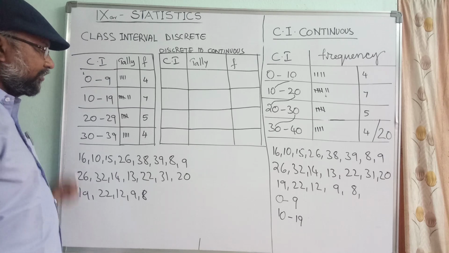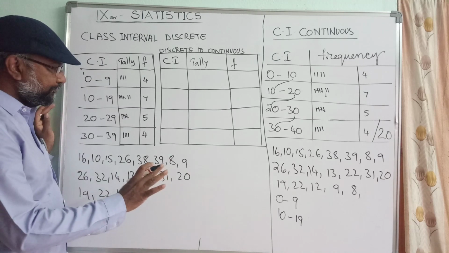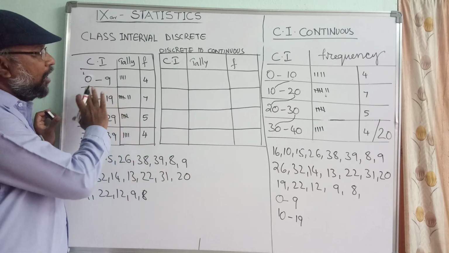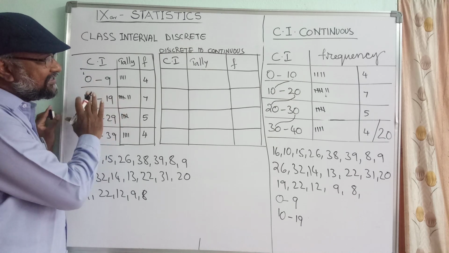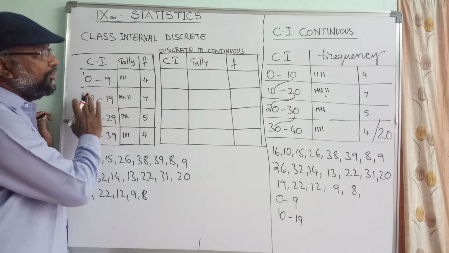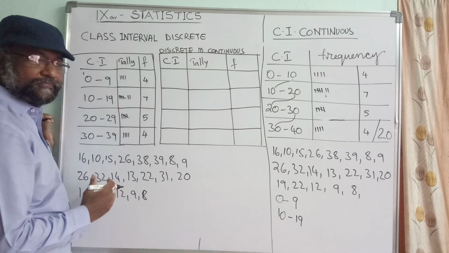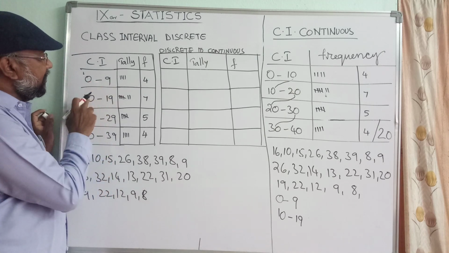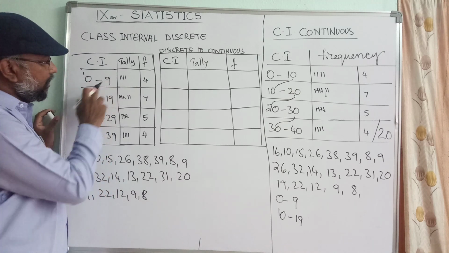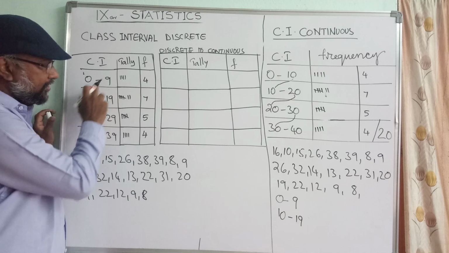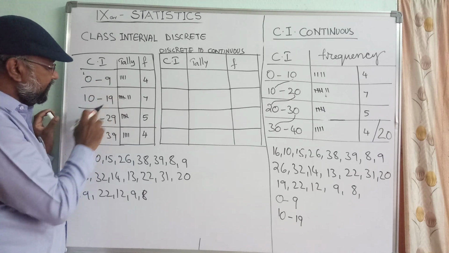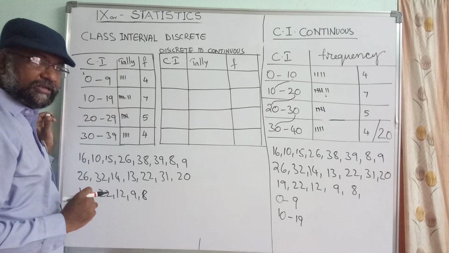Okay, that's all. Clear? Now, how to convert discrete class interval into continuous class interval? Now there is a gap, there is no connection, no same number, but different numbers are here.